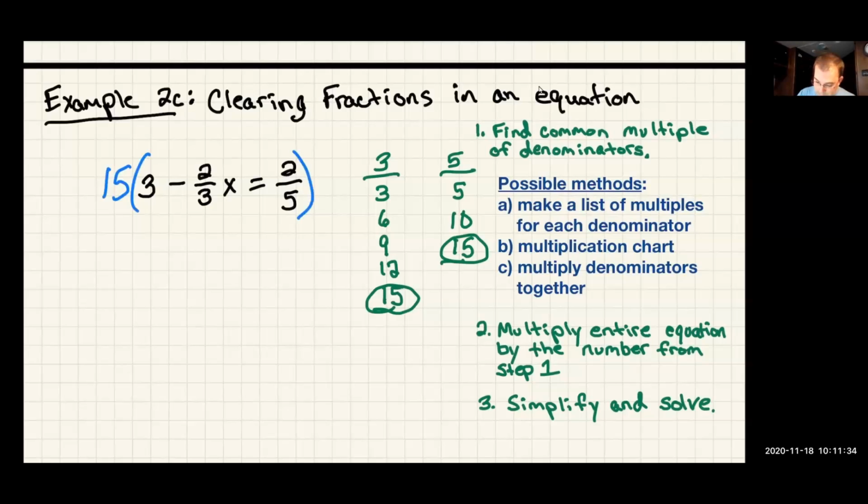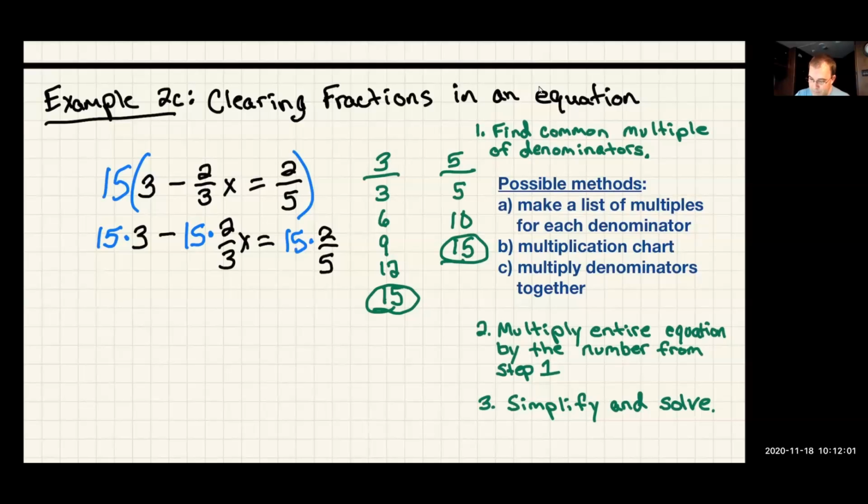And when I do that, if I write it out, we're doing 15 times each term. So 15 times 3, take away 15 times 2/3 x equals 15 times that 2/5. All right, same process now.